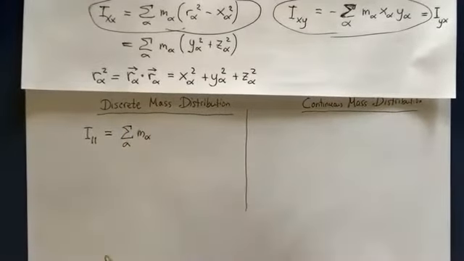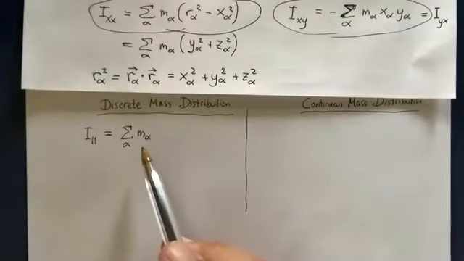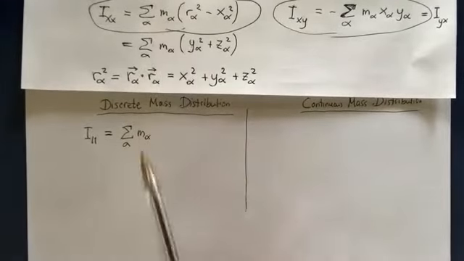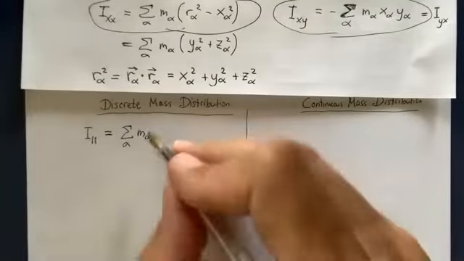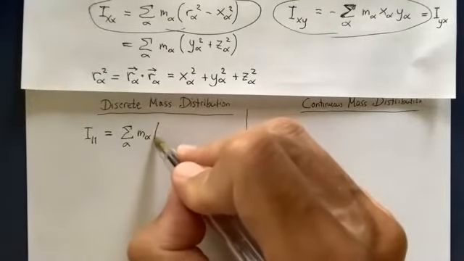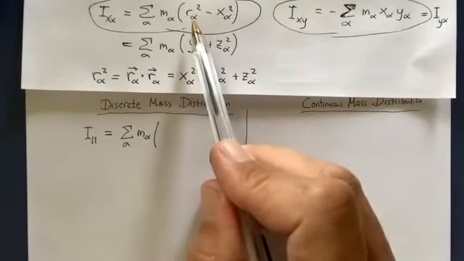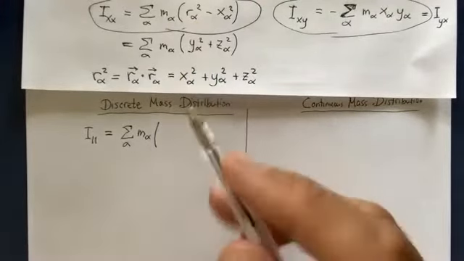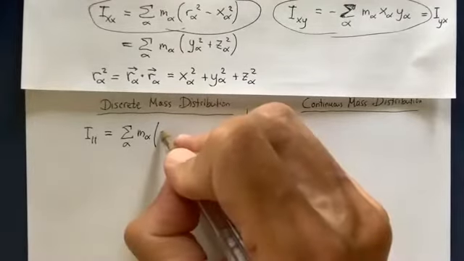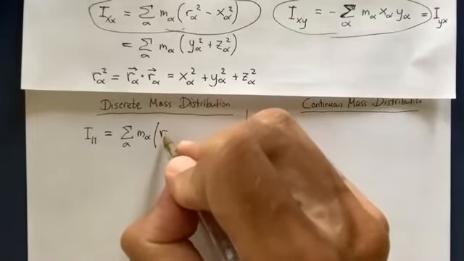We have the sum over particles and the mass of the particle. That's identical to what we had before. Now, we must talk about the square of the length of this vector alpha. And here's where we have to introduce a new piece of notation.